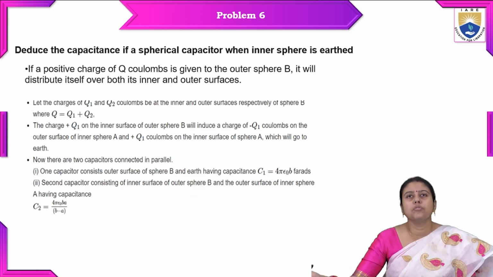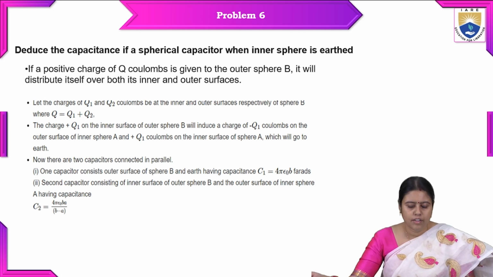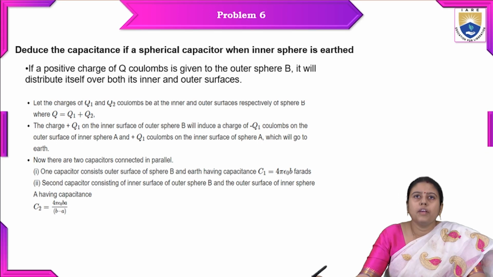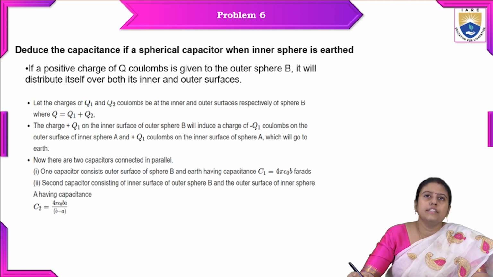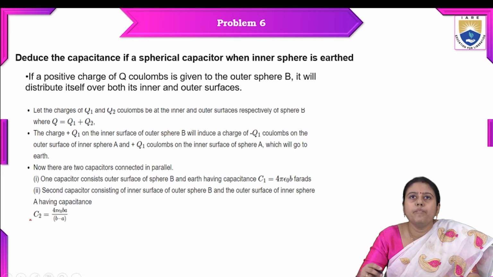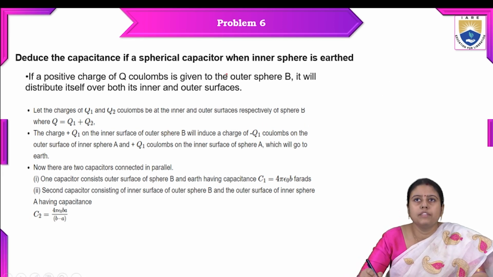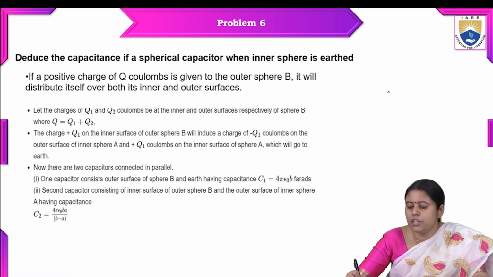Next, deduce the capacitance of a spherical capacitor when the inner sphere is earthed. So what is the case? If a positive charge Q coulomb is given to the outer sphere B, it will distribute itself over both the inner and outer surface.